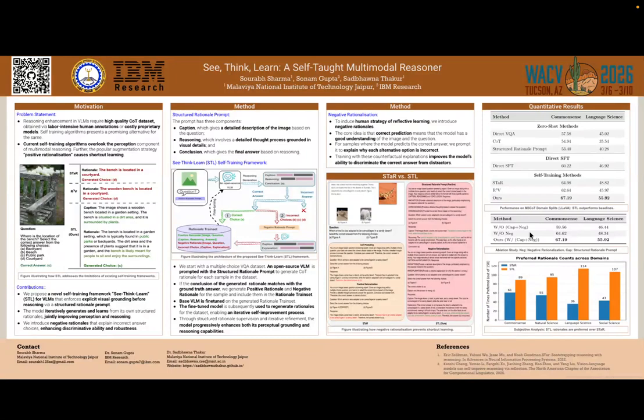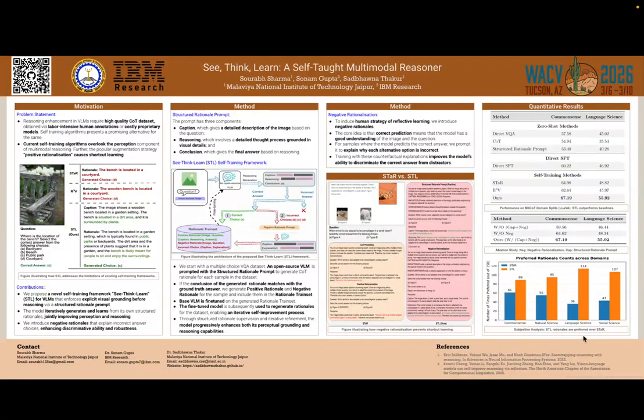This is because now the reasoning is grounded in visual details highlighted by the caption, and during fine-tuning, we fine-tune on rationales. The rationale has both the caption as well as the reasoning component, and thus we tune on both, improving the model's perception as well as reasoning capabilities. Further, if we include negative rationales also, then the results are superior, and this is what our STL framework is.